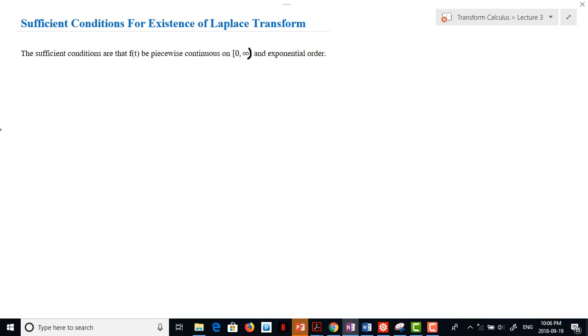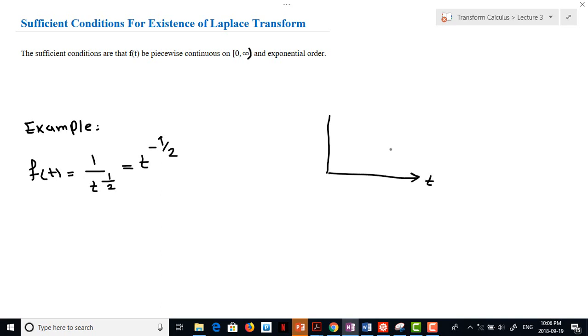For example, let's say we have f(t) equal to 1 over the square root of t, which I can write as t to the power of minus half. If I plot it, here we have t, here we have f(t).